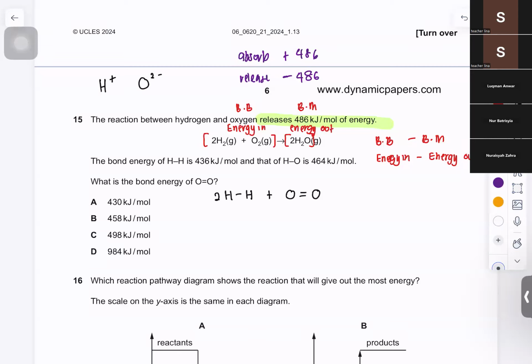H+ means that you have one bond, only one bond for H. So H and H. Okay, H and H. And then O2 minus, O, you have a double bond.